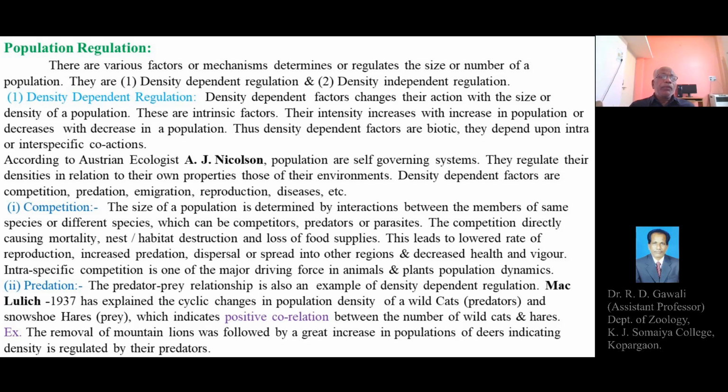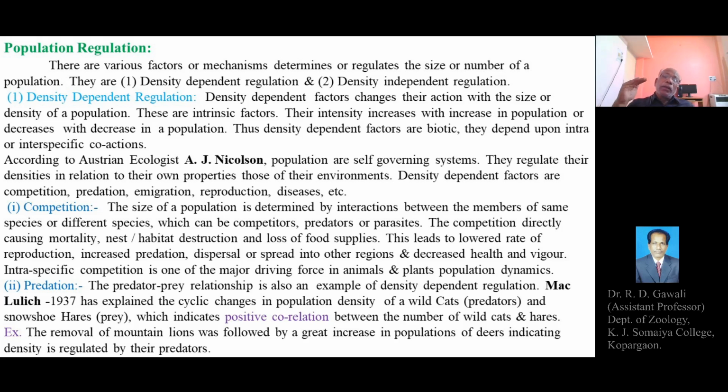For example, the removal of mountain lions, representing the carnivores like wildcats or the predators, was followed by a great increase in the population of deer, indicating the density is regulated by their predators.